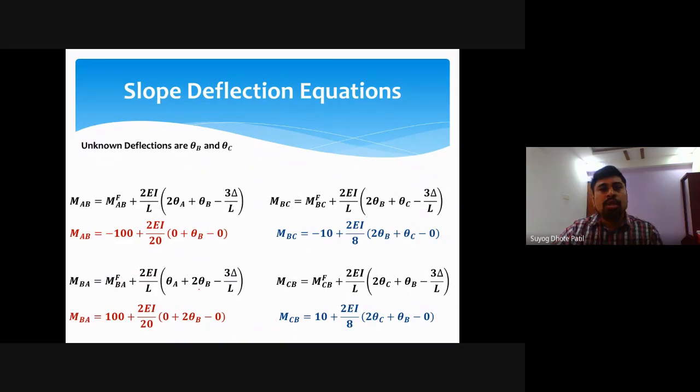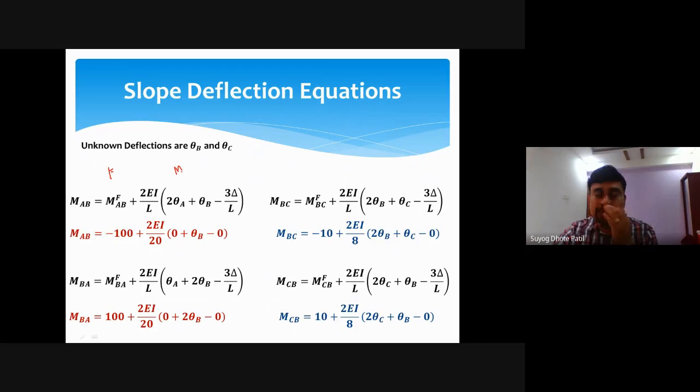Now, the slope deflection equation for beams AB and BC will be like so: MAB will be the final end moment, and MFAB will be the fixed end moment for beam AB. So this is the fixed end moment, and this is the member end moment.